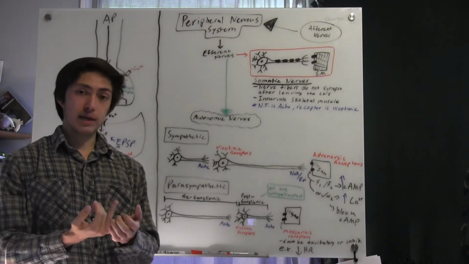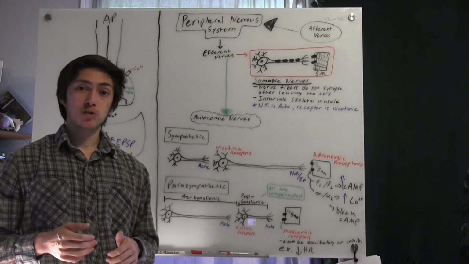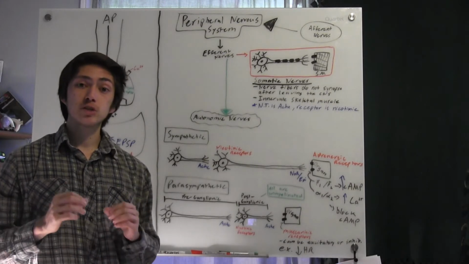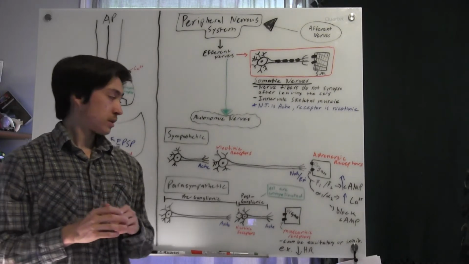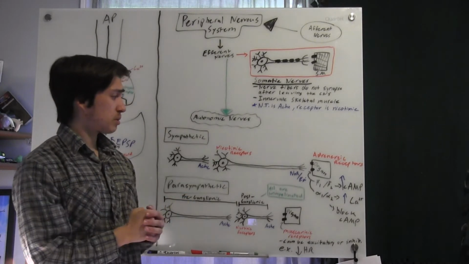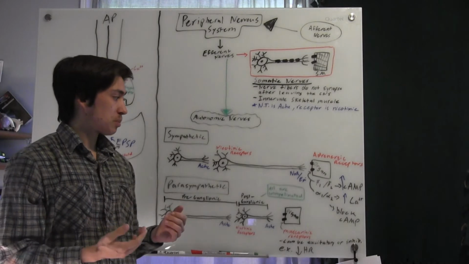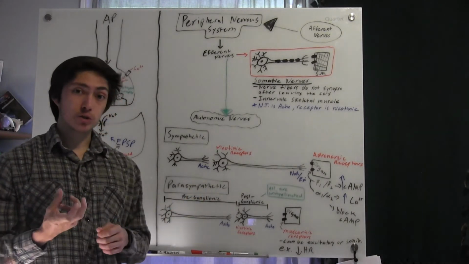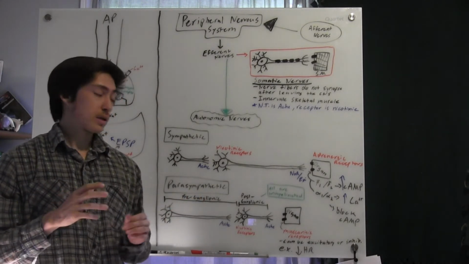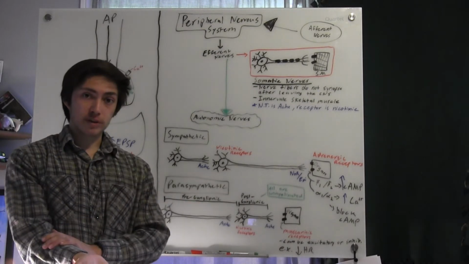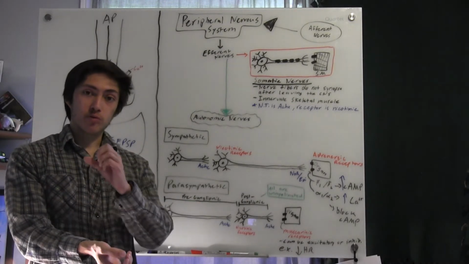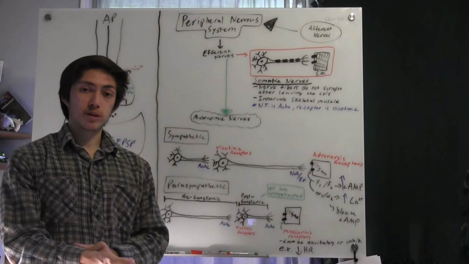The alpha-1 and alpha-2 are going to be responsible for an increase in intracellular calcium. They're also going to be responsible for blocking cyclic AMP. An example of where you can find these adrenergic receptors is in your blood vessels, right? It's going to be responsible for vasoconstriction of your blood vessels.